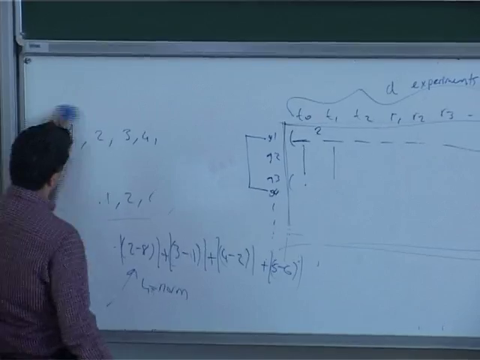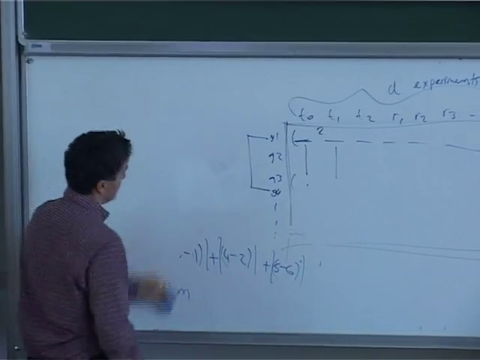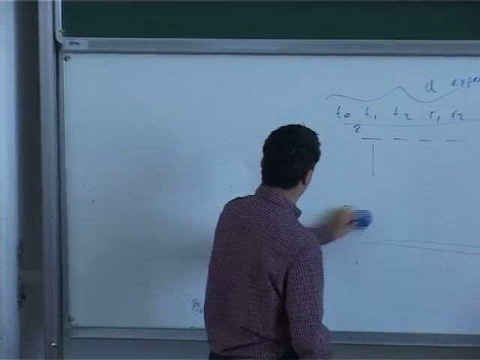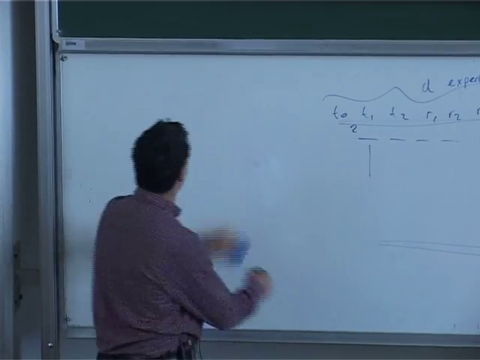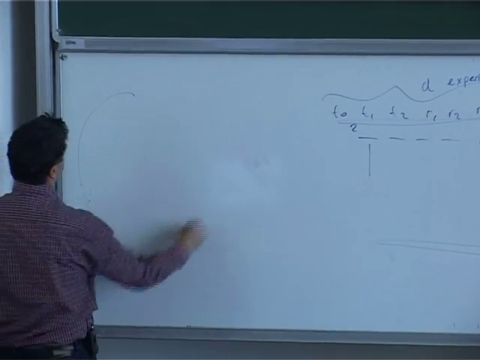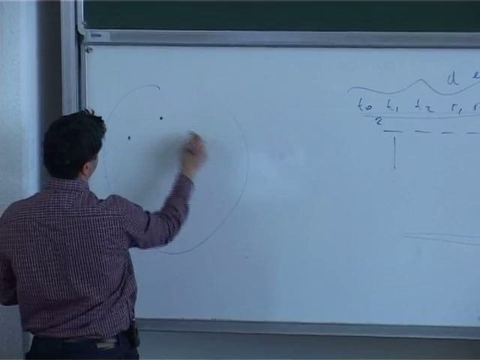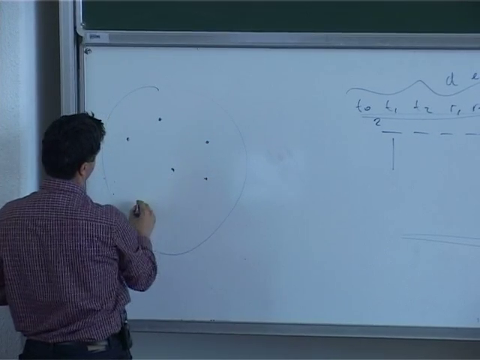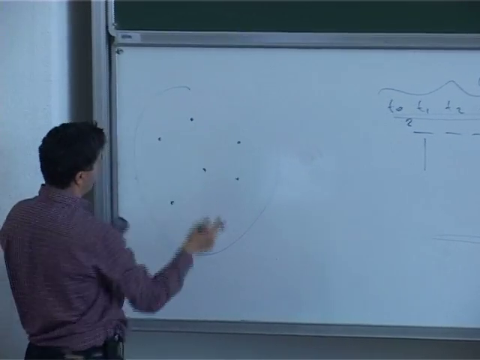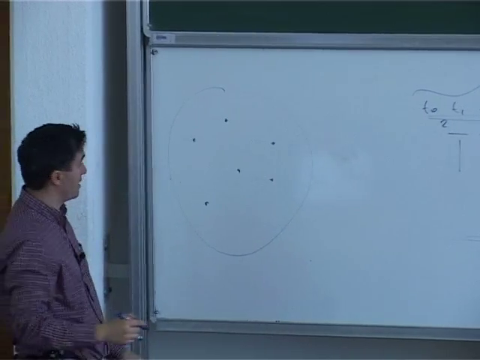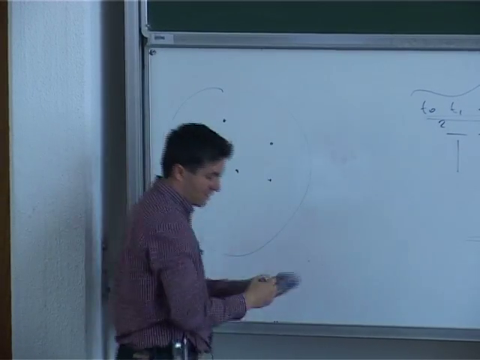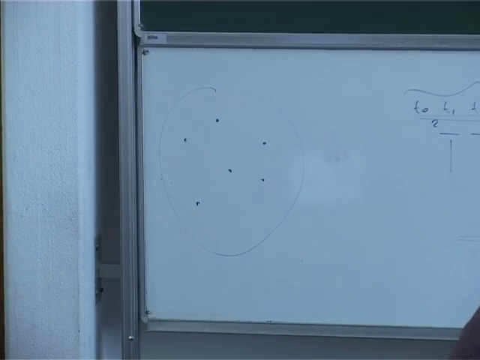For the same data, different clusters may exist. So, for example, I have only 6 points. Okay, somebody told me that this is the way to cluster the data.